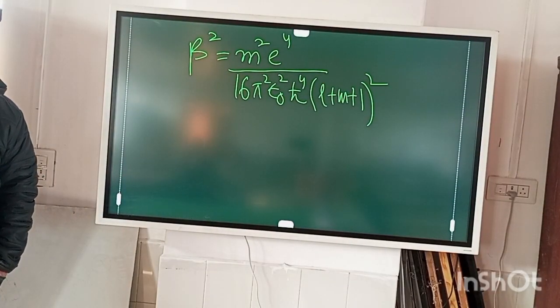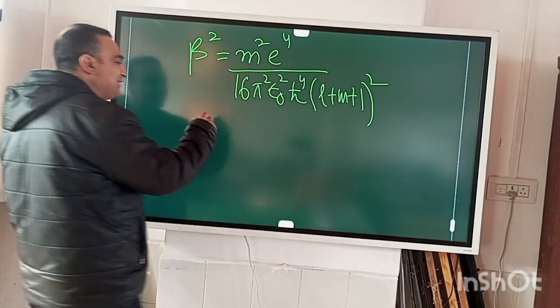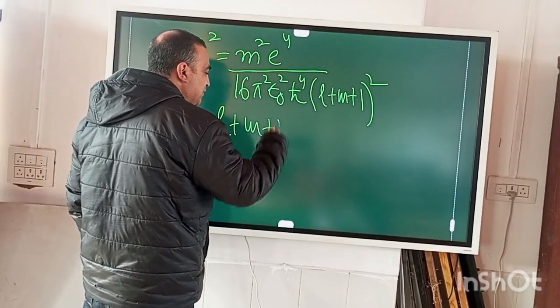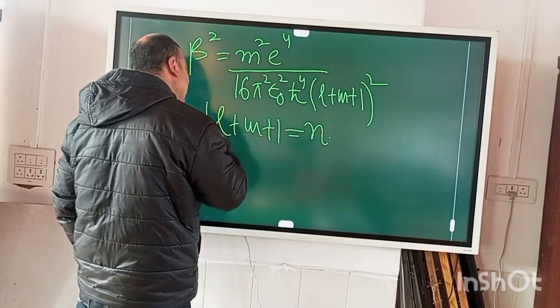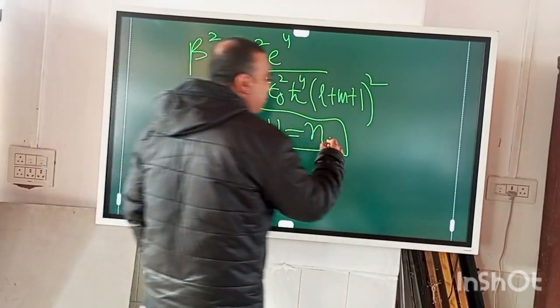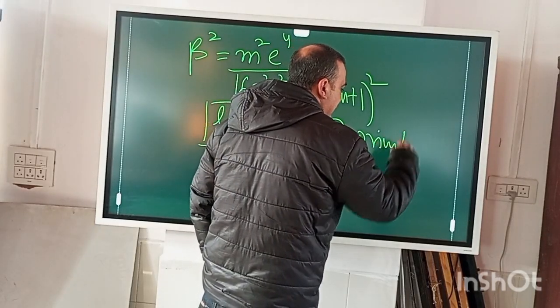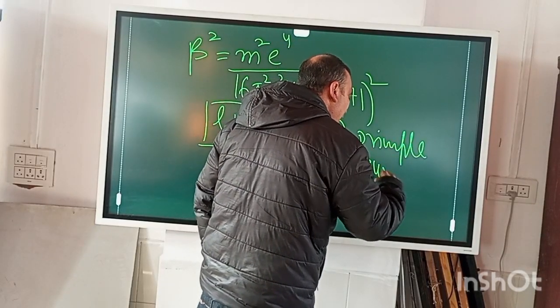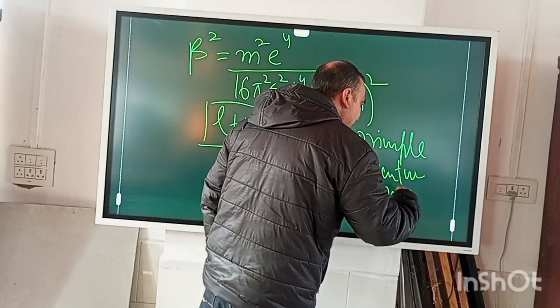Now do you know what this L plus m plus 1 is? It is nothing but n, what is called the principal quantum number.